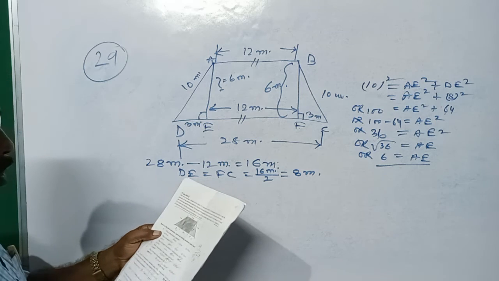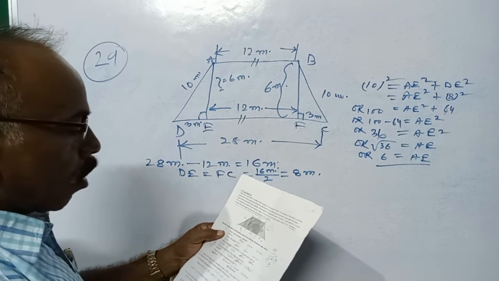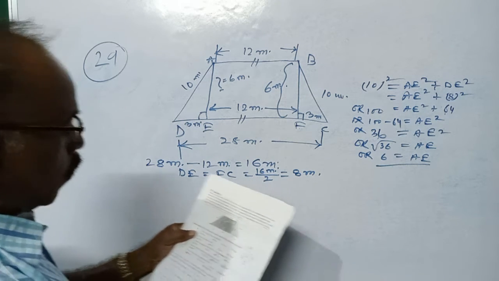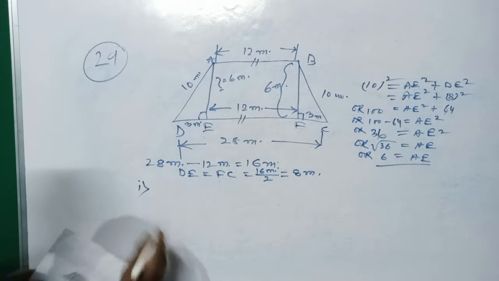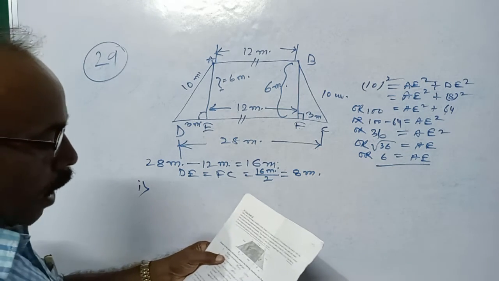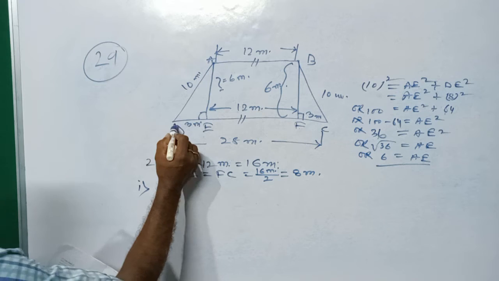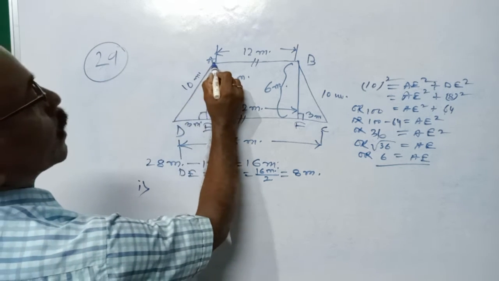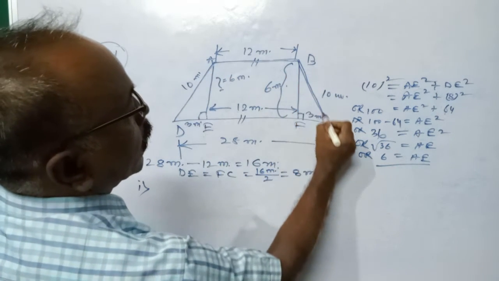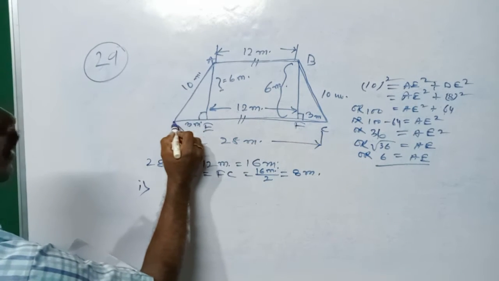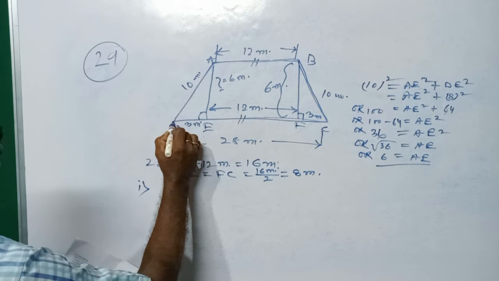Next, what is the perimeter of the park? First question, what is the perimeter of the park? My dear student, you see this distance plus this distance plus this distance is the perimeter of the park. Am I clear?